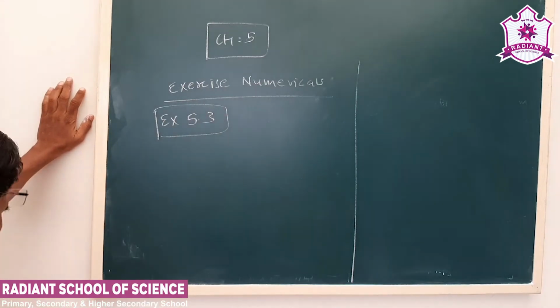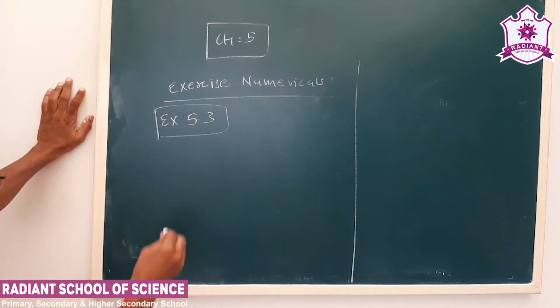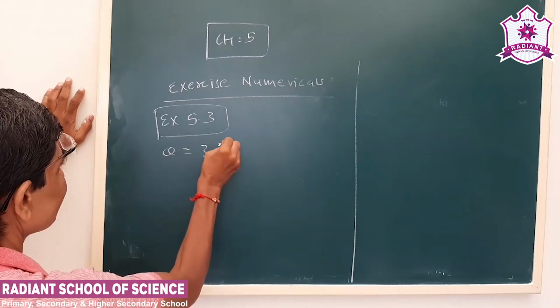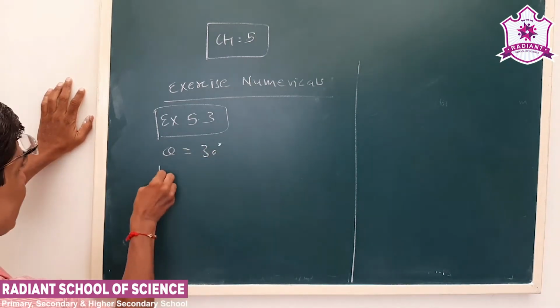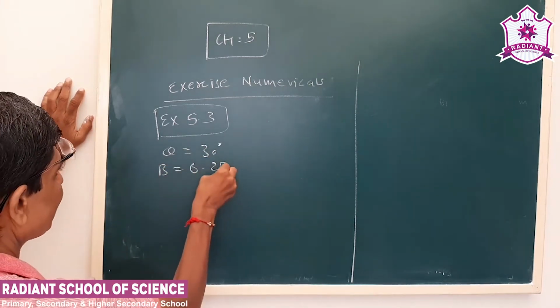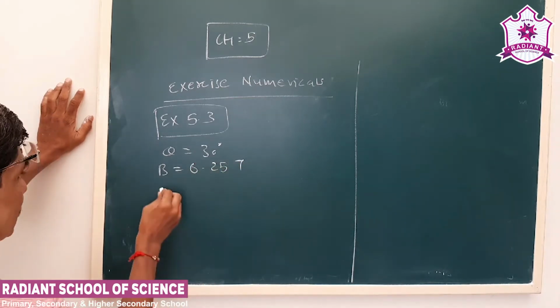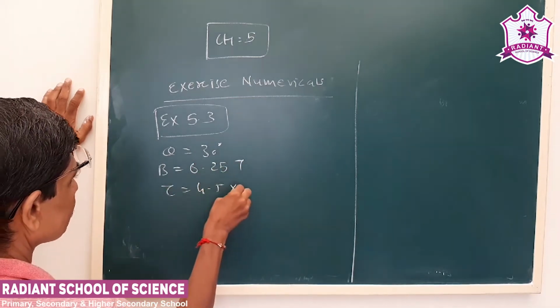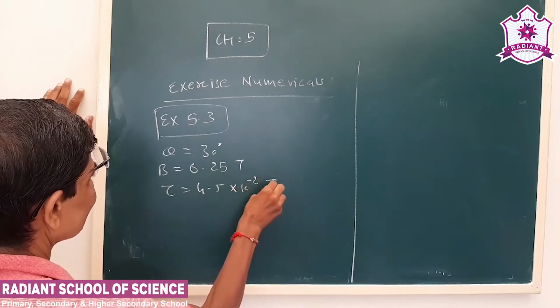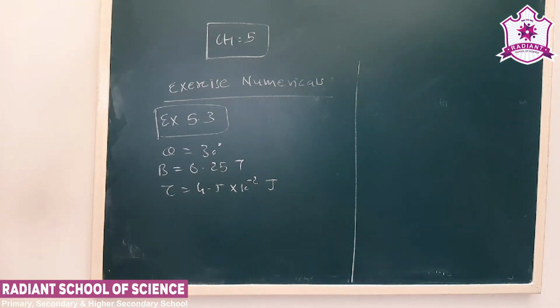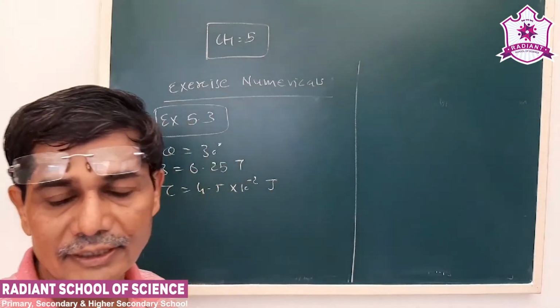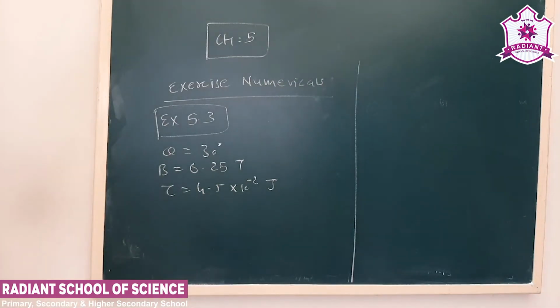A short bar magnet is placed at an angle of 30 degrees in a uniform magnetic field of 0.25 Tesla, and experiences a torque of some Joule. The unit of torque and work is the same, so that's why the unit is Joule. Now we have to find out the dipole moment.